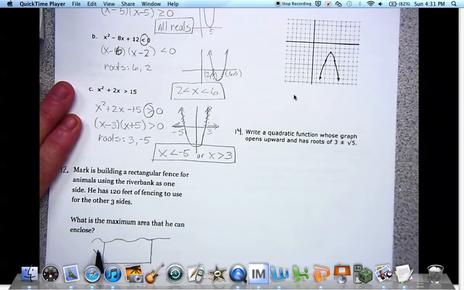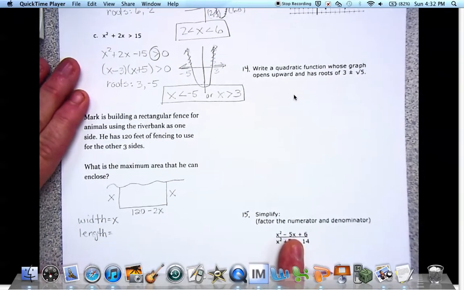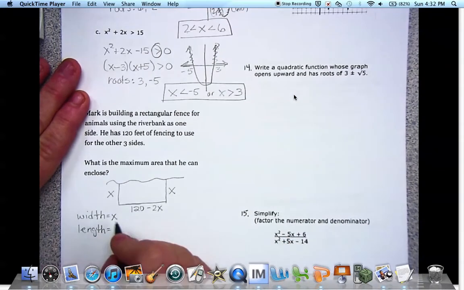We're going to call the short sides the width. We'll call those x, so the width equals x. The length would be 120 minus both of these x's, 120 minus 2x. Okay, so the width is x and the length is 120 minus 2x.